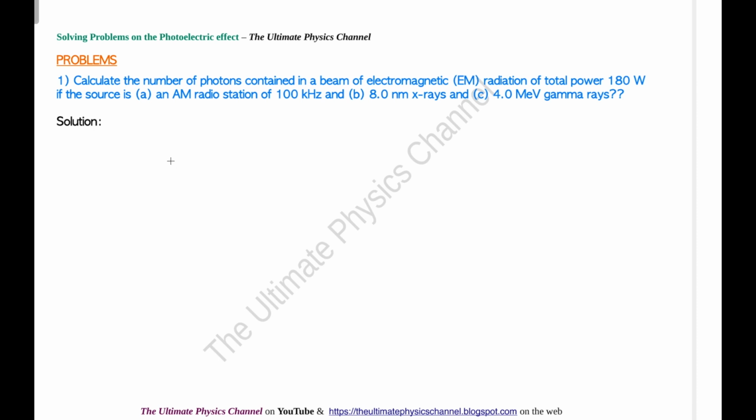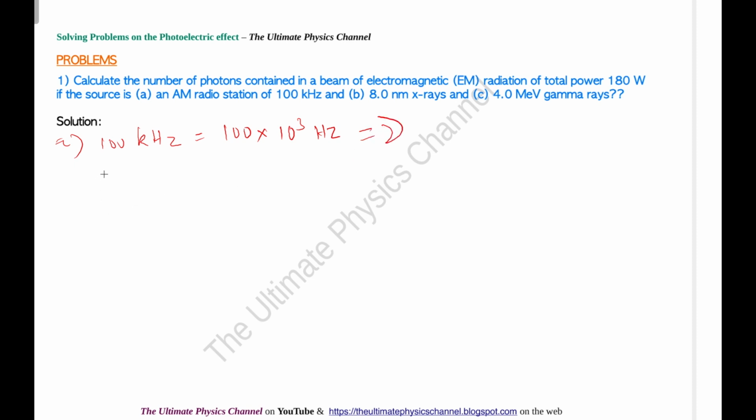Let's move ahead and do the first one, that is A, which is an AM radio station of 100 kilohertz frequency. 100 kilohertz is 100 into 10 power 3 hertz. This is the frequency, let's call that nu.